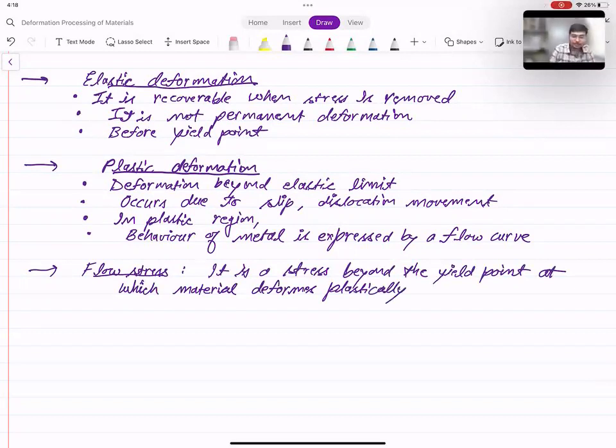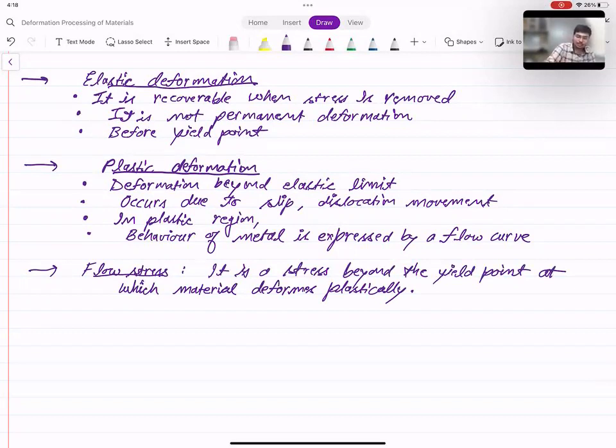Okay. And it is an instantaneous type of stress. For a particular strain or position on the flow curve, the flow stress is fixed, defined as a particular value.